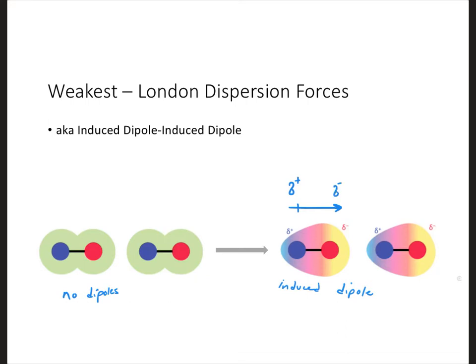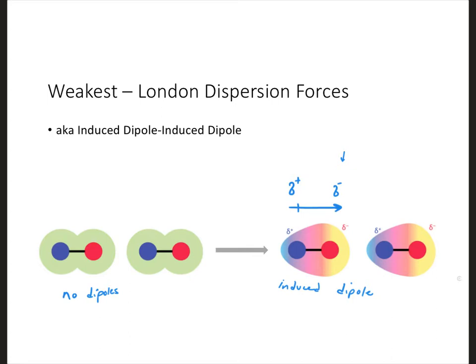So if it's hard to see on this slide, that's where the little deltas are. So when this one molecule adopts a dipole for a fleeting second, if it's near something else, this negative side over here will make something that doesn't have a dipole want to have a dipole for just a second. And so it's temporary, it's induced.